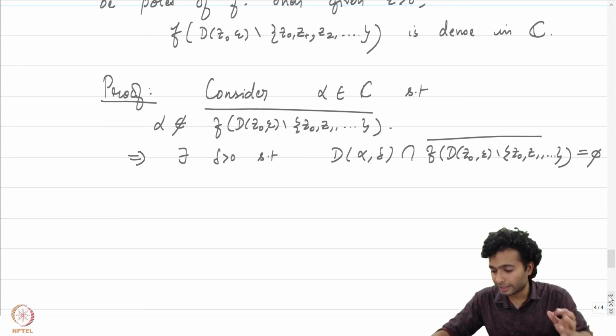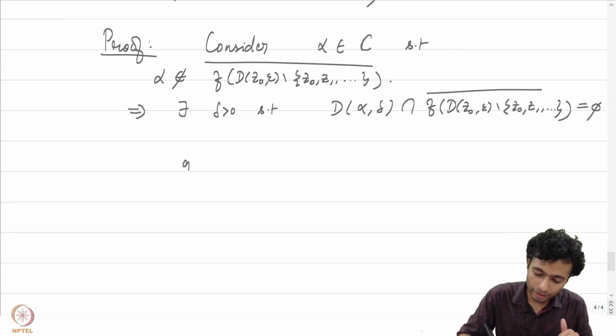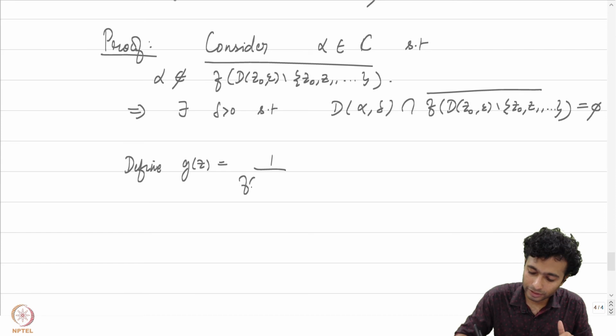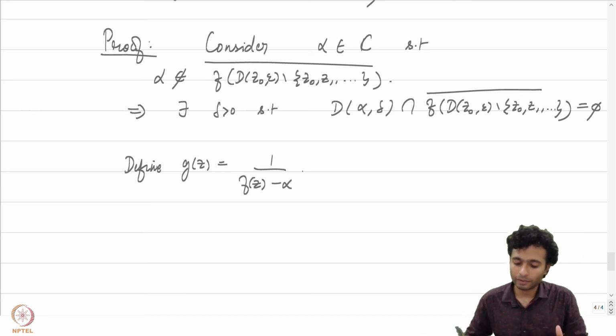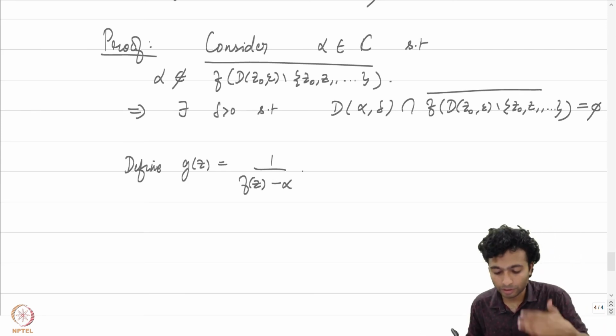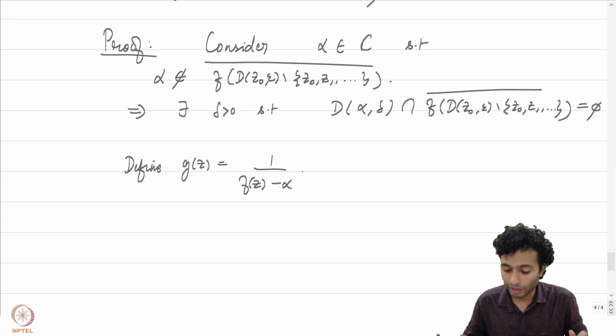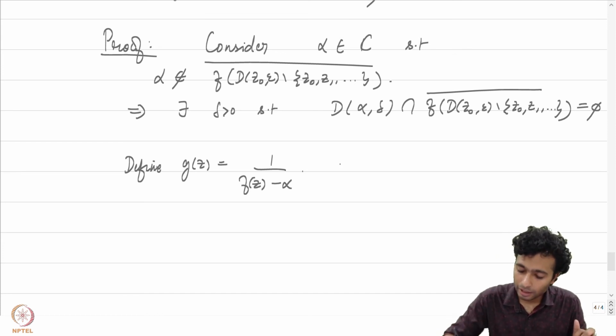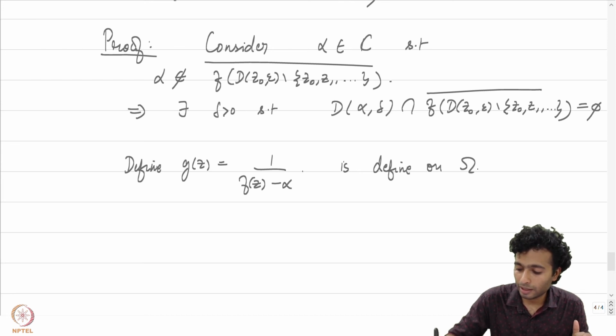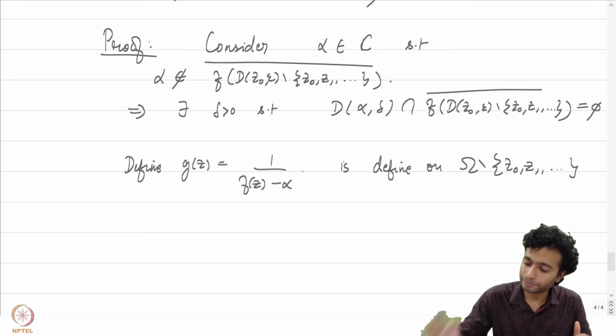So let's do the exact same thing that we did earlier. Define g of z to be equal to 1 by f of z minus alpha. So notice that f of z is not going to be equal to alpha ever. In fact, f of z doesn't take values in a neighborhood of alpha, and therefore 1 by f of z minus alpha makes sense. This is defined on omega minus z0, z1 and so on.